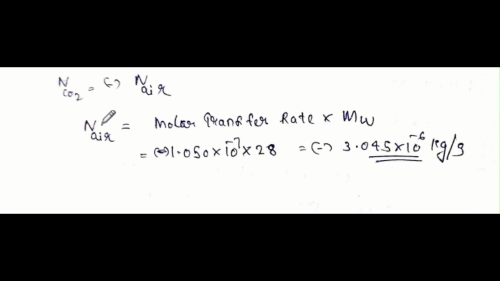So we got the mass transfer rate as 3.04 into 10 raised to minus 6 kilogram per second. You can use either N or M, either way it is correct. So now we got the mass transfer rate of air also. So this is the way to do the problem.